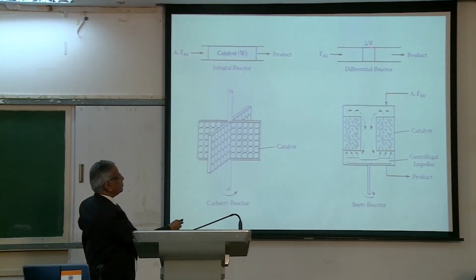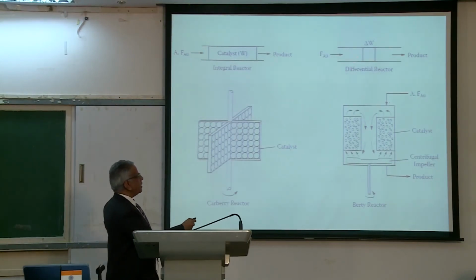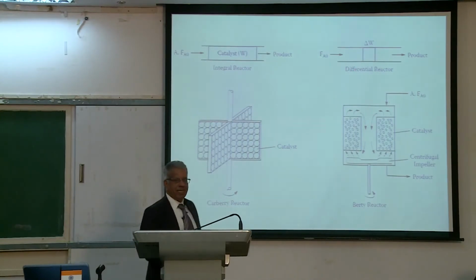What additional provision is made is that part of the product is recycled back, and there are two reasons. That permits the variation of velocity over a wide range. Suppose this velocity is 1 centimeter per second, we can recycle and get 1 centimeter per second, 5 centimeter per second, 10 centimeter per second, all those values are possible. That is one thing. The second one is conversion per pass can be kept limited.